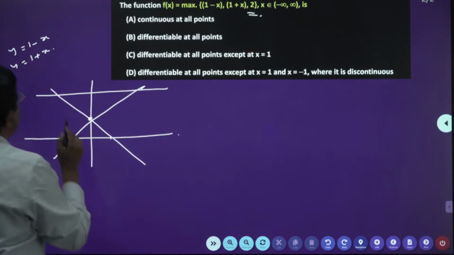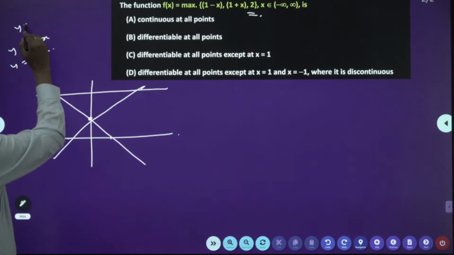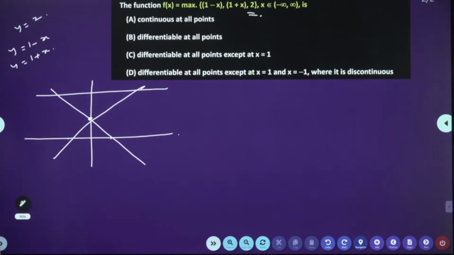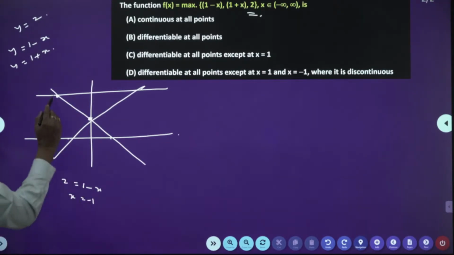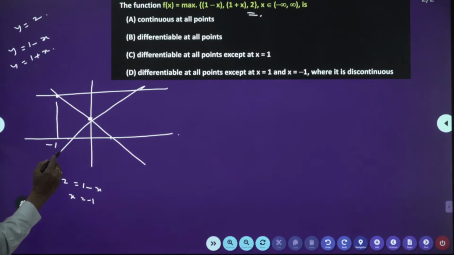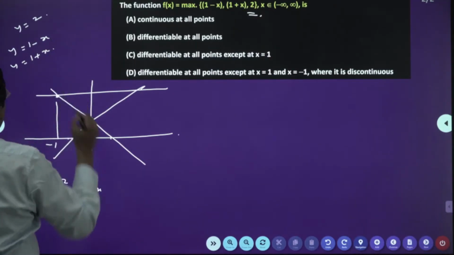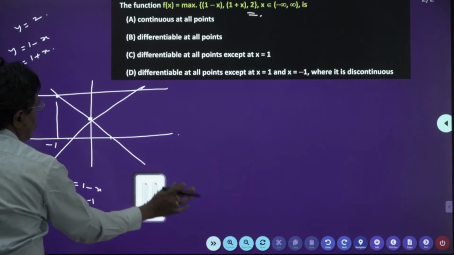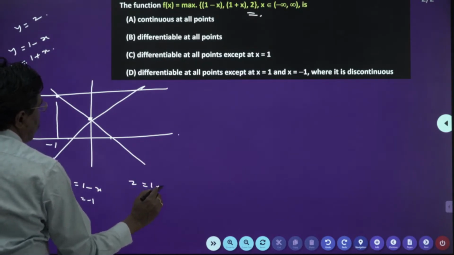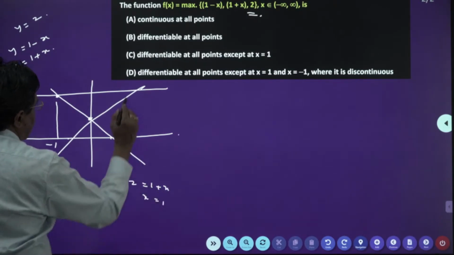Where is the point of intersection of 2 and 1 minus x? 2 is equal to 1 minus x, so x is equal to minus 1 here. And 2 is equal to 1 plus x, so x is equal to 1 here.